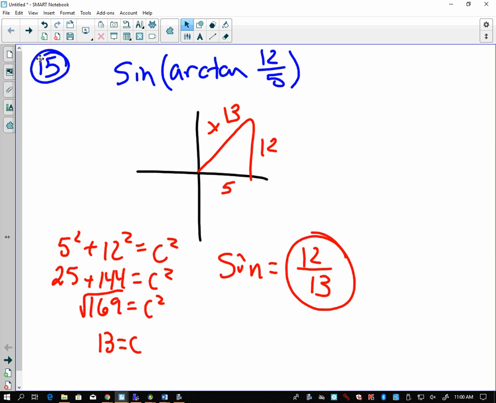So if it's just arc function, I'm looking for the degree and I'll use the inverse function to find it. Does that make sense? Okay, that's a good question. But you won't be faced with that, I don't believe, on this test. But good to be prepared.